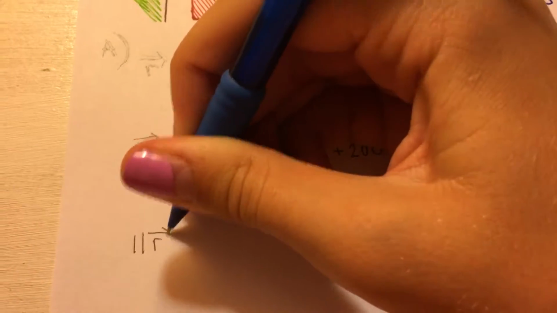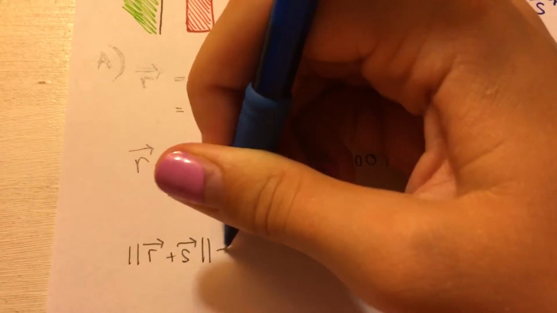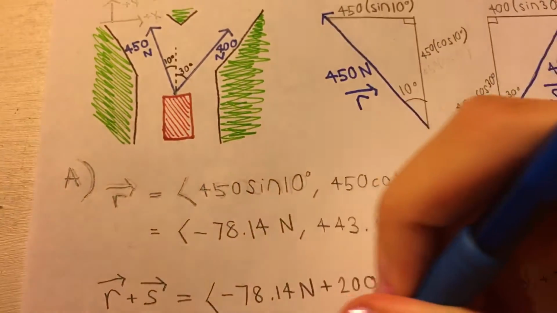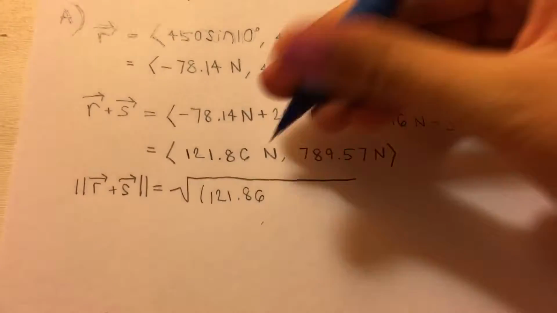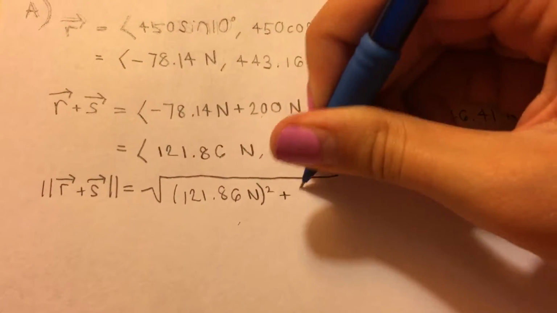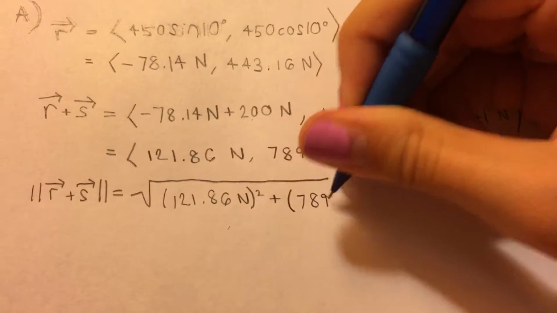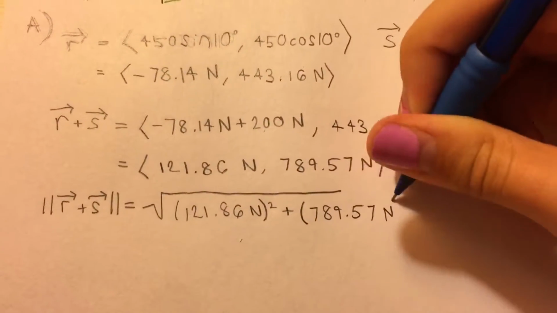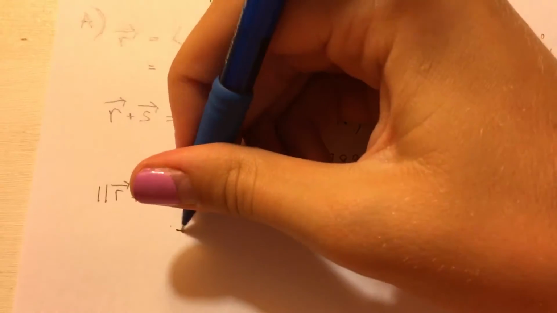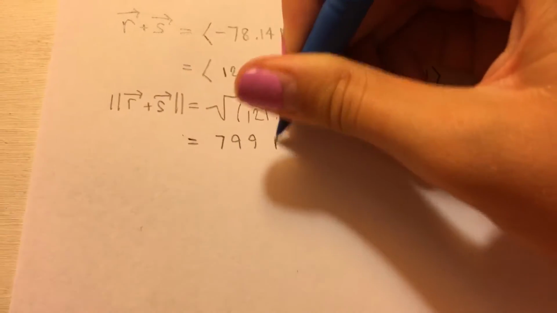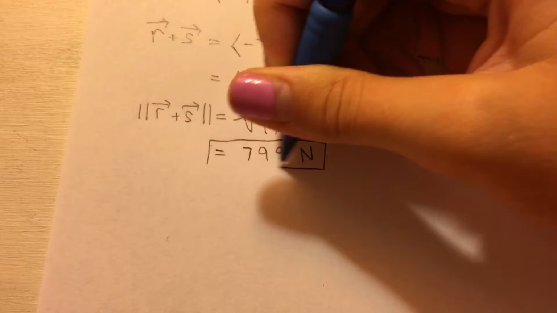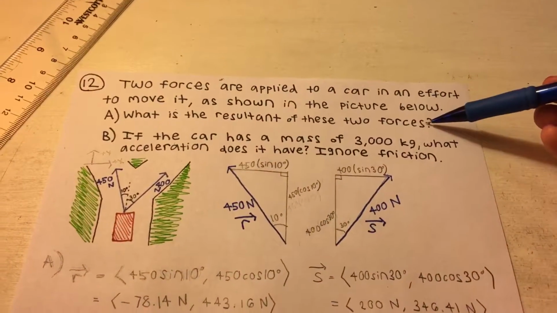So to find the magnitude of our vector, we use our formula, the square root of the square of the x component plus the square of our y component. And if you put all of that into your calculator, you should end up with 799 newtons. So that is the resultant of the two forces.